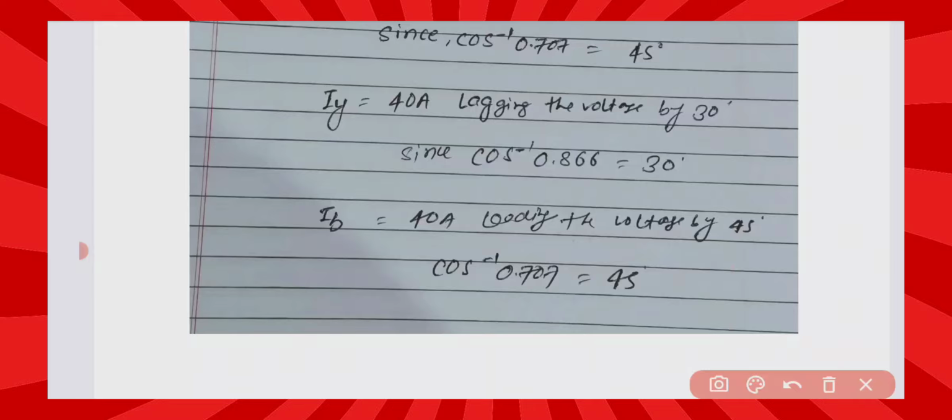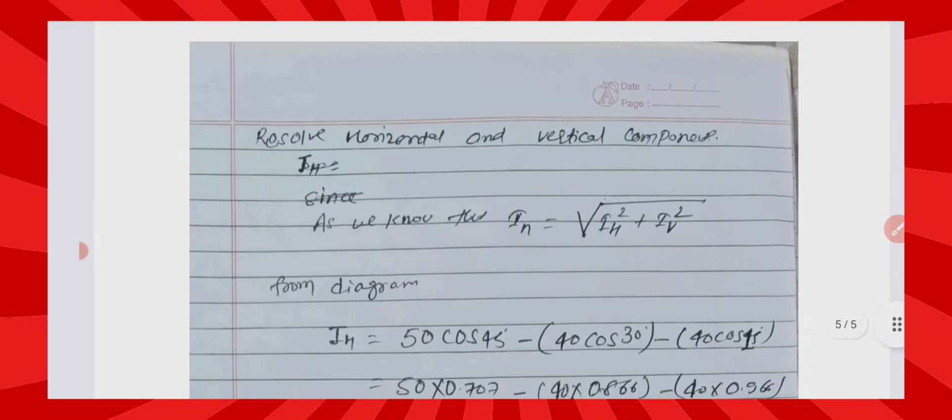Next we have to calculate the current in the neutral wire. For calculating the current in the neutral wire, we have to calculate the resultant of all 3 wires.